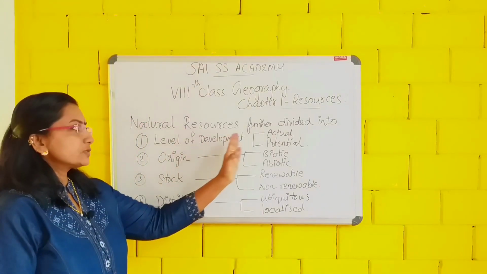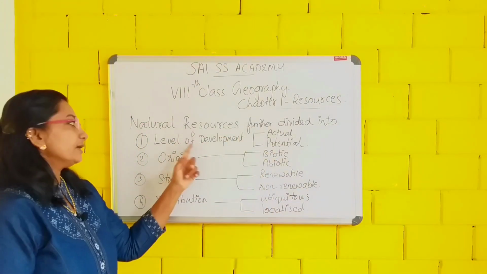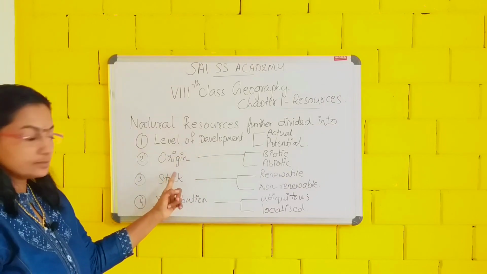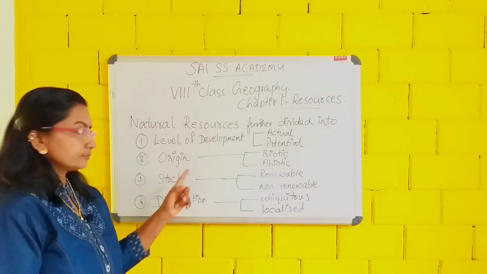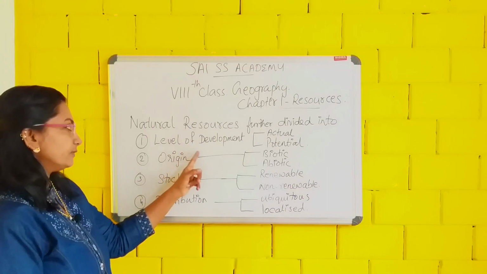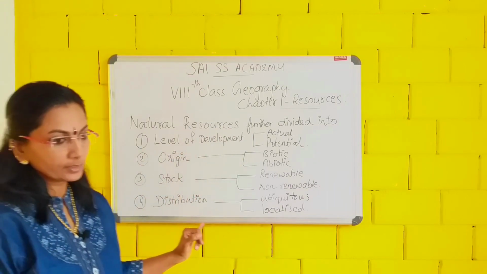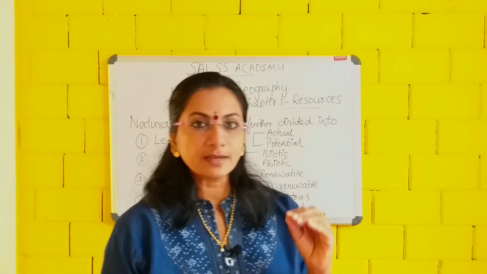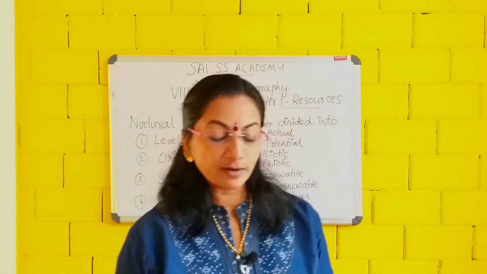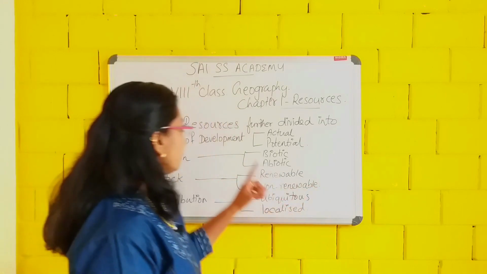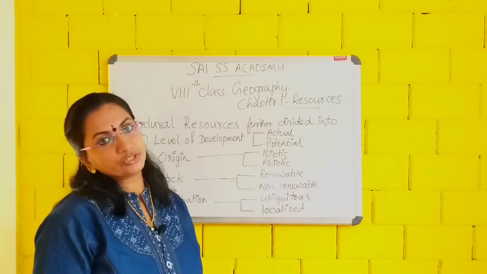Natural resources are further divided on the basis of level of development, origin, stock and distribution. When we classify natural resources on the basis of level of development, they may be actual and potential.